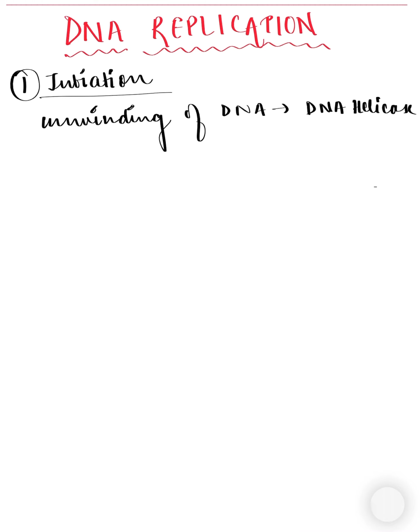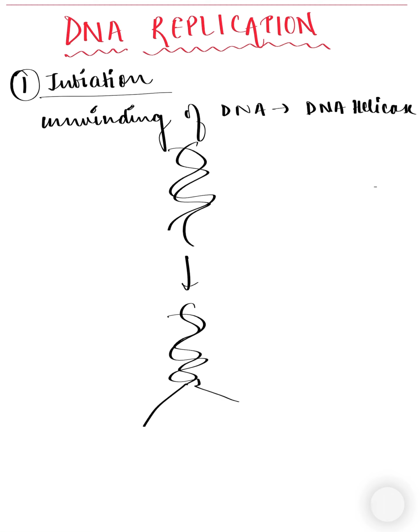Right? So now these unwound DNA, these two separated strands of DNA which we have separated by the enzyme DNA helicase, these two strands are stabilized by certain proteins which are called single stranded binding proteins, SSBP.